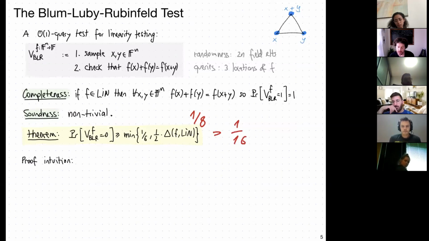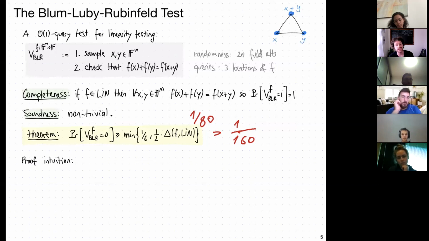And if it was less far, it would be lower, and if it was even closer, then it would be lower still. So the farther you are from being a linear function, the easier it is.